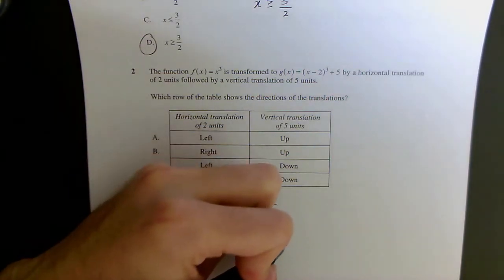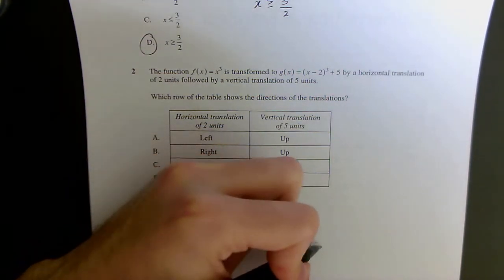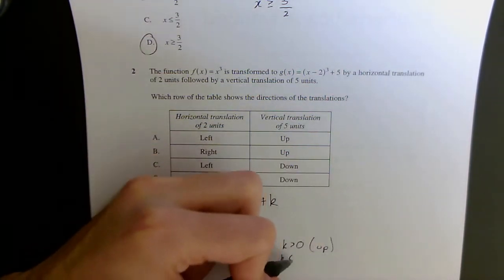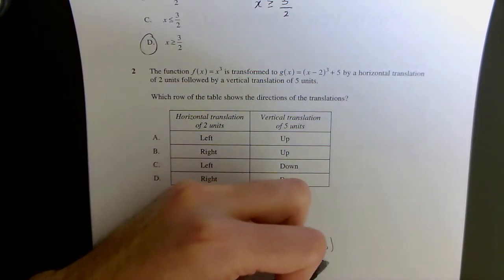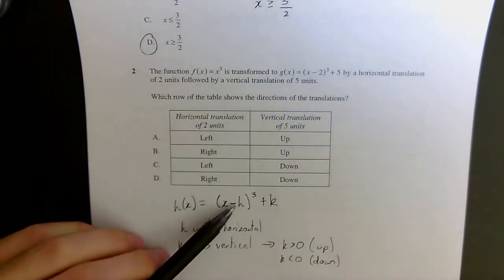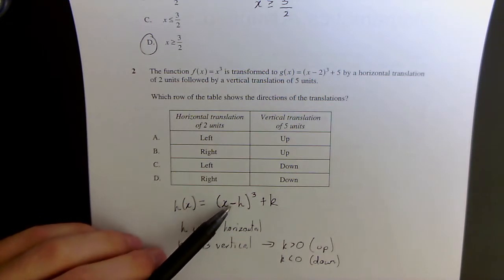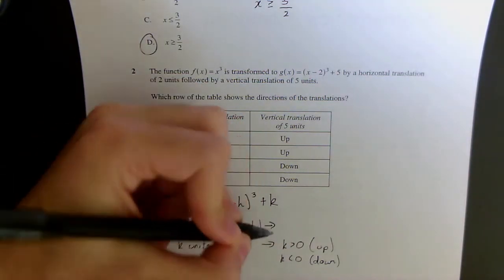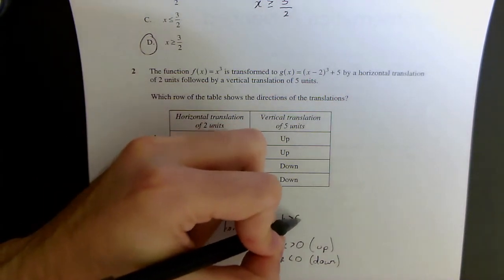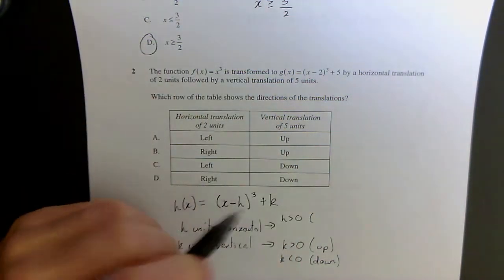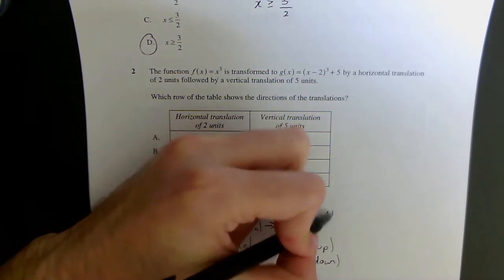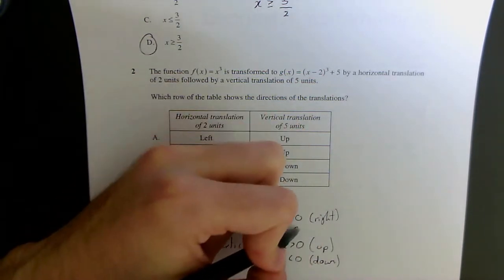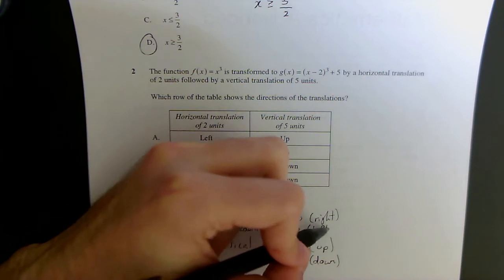So if k is greater than 0, that's going to be up, and if k is less than 0, that's going to be down, okay? Now, if I've got a minus h here, if h is greater than 0, then that means it will be to the right, and if h is less than 0, it'll be to the left, okay?